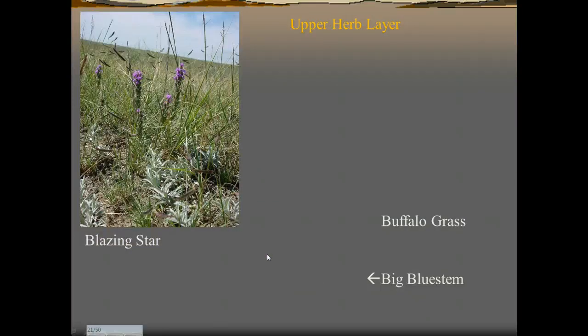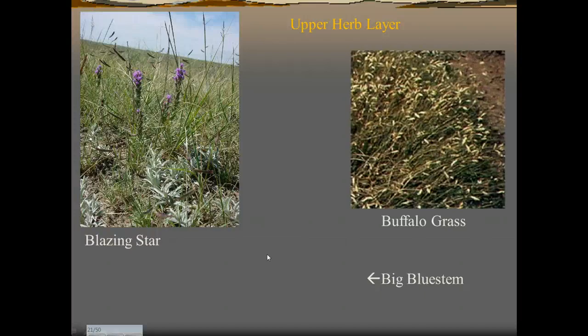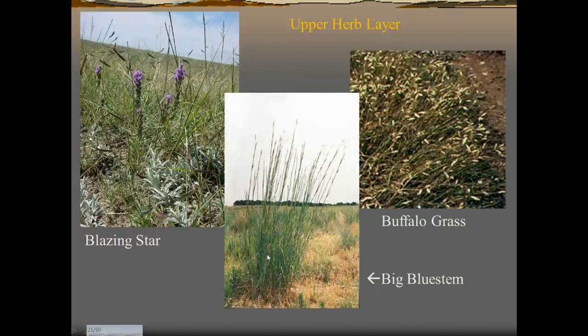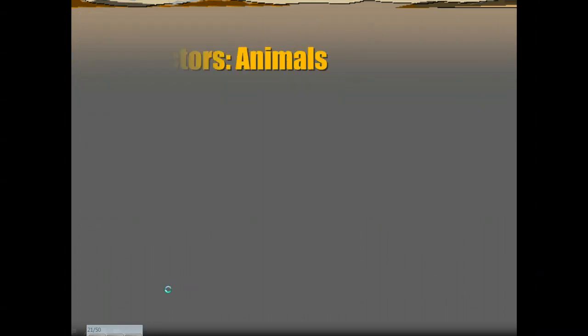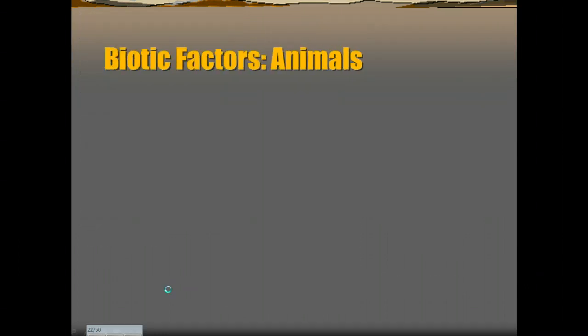So you probably have seen grasslands like this, and you probably have noticed some of these types of plants growing there. And again, if you're the group that happens to have the grasslands, you can probably get some very good ideas from this presentation just to show you the kinds of things to talk about. Okay, let's continue now with the animals.